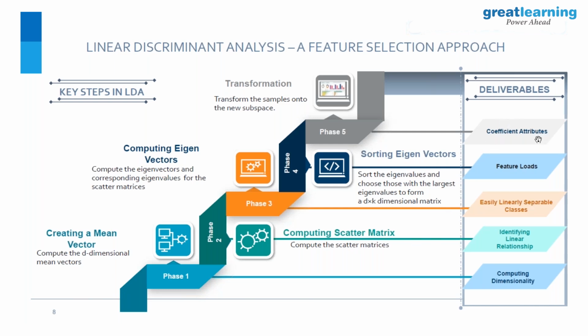This is the final objective of LDA. We want to find out the coefficients of the attributes that we are using. Once we have these coefficients, we can use our business understanding to see whether or not they contribute towards creating the linear classifier, which can help us reduce our overall dimensionality. That's in a broad sense what we try to achieve out of LDA.